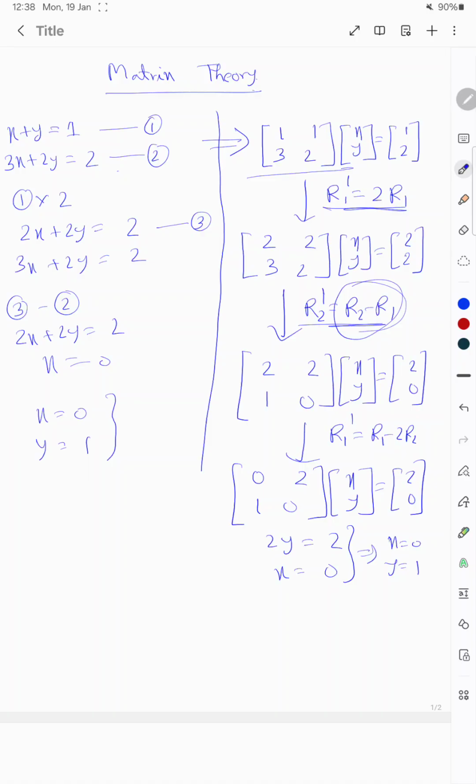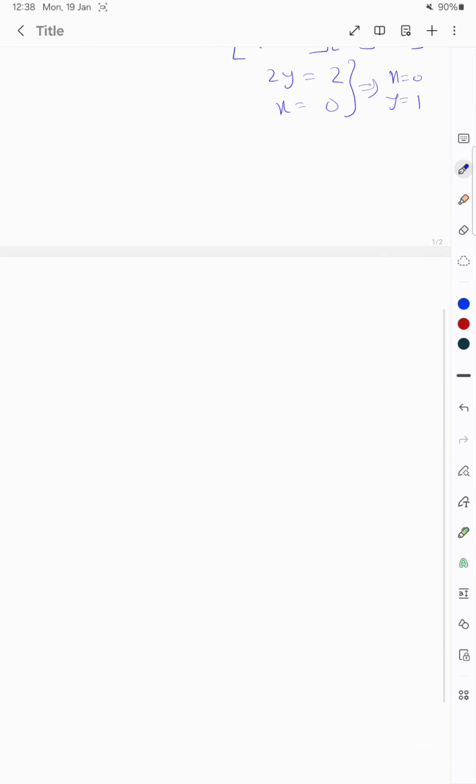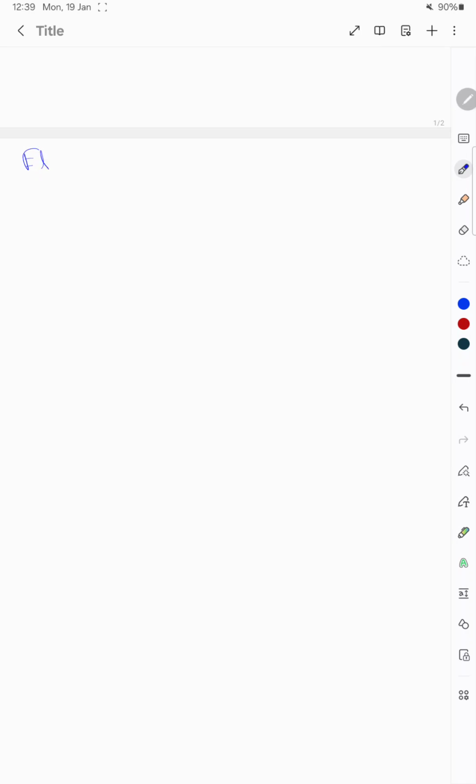Okay, so in general whenever we will start the elementary operation, you will see mainly there are three operations. Okay, so here I am listing what are the types of operation. So there are three types of elementary operation.